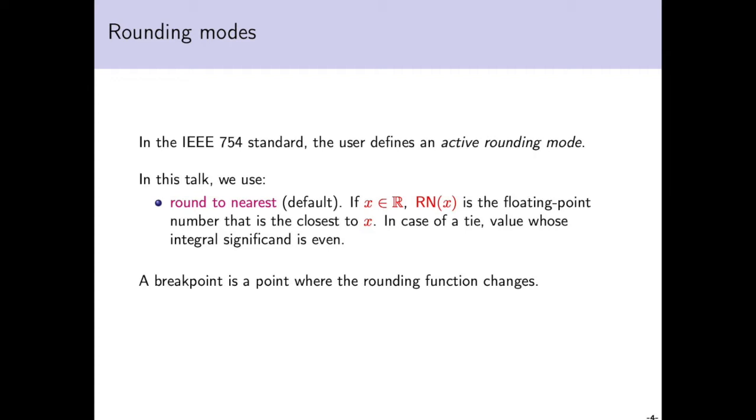There are mainly four rounding modes defined in the standard. In the talk, I will focus on the most commonly used, which is round to nearest. If x is a real number, the rounding of x will be the floating point number that is the closest to x. In case x is the middle of two consecutive floating point numbers, you round to the floating point number whose integer significand is even.